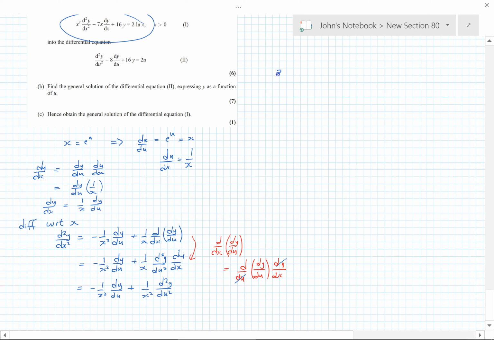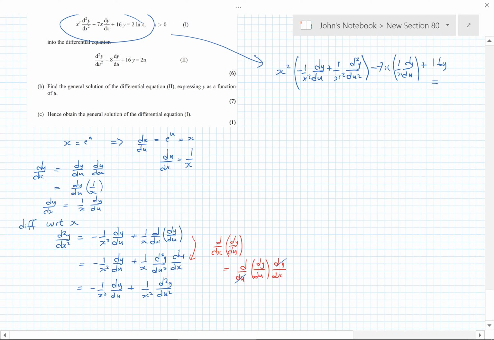So we've got x squared d2y by dx squared, which is minus 1 over x squared dy by du plus 1 over x squared d2y by du squared, minus 7x times 1 over x dy by du, plus 16y is equal to 2 ln x.